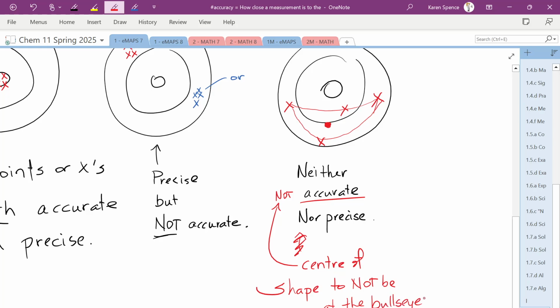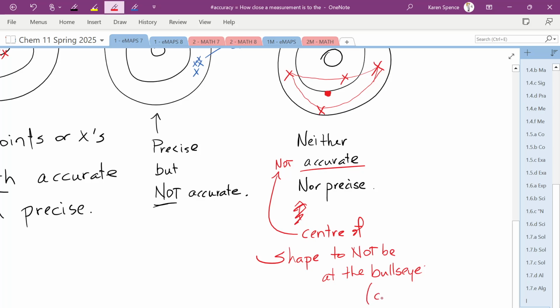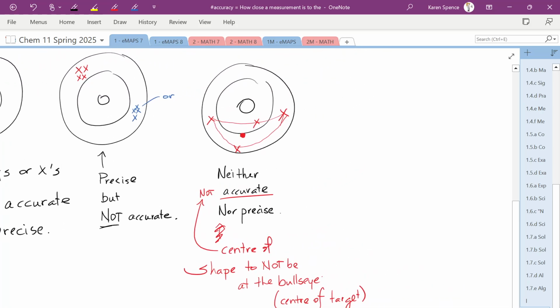Do you guys know the term bullseye? I feel like it's one of those terms that, if English is your second language, you might wonder what a bullseye is. It is the center of the target. Okay? So that is our neither accurate nor precise.